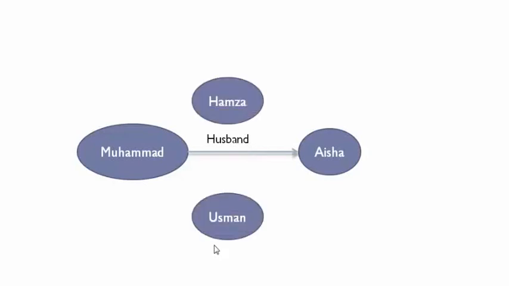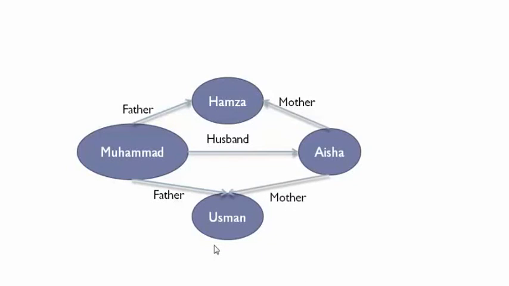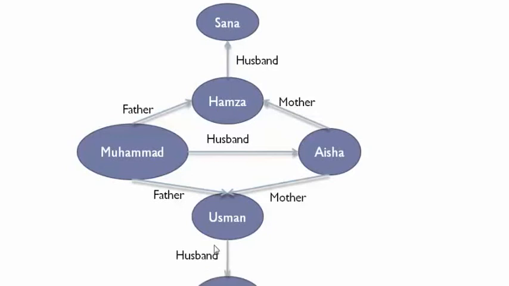Hamza and Usman. Muhammad is father of Hamza, and Aisha is mother of Hamza. Muhammad is father of Usman, and Aisha is mother of Usman. We have Sana. Hamza is the husband of Sana, and Usman is husband of Husna. Now, Alia: Usman is the father of Alia, and Husna is the mother of Alia.